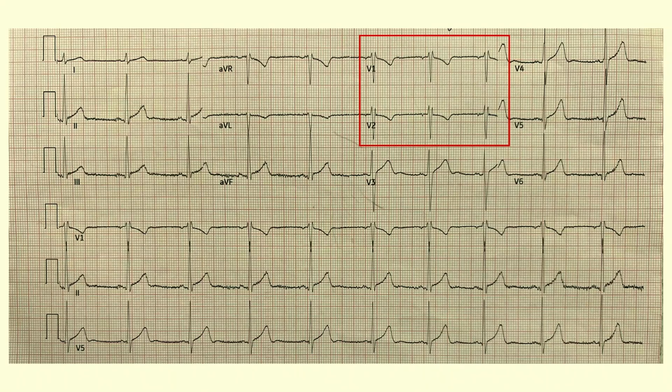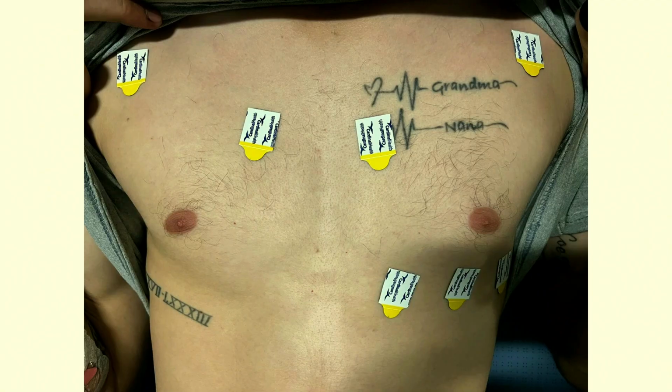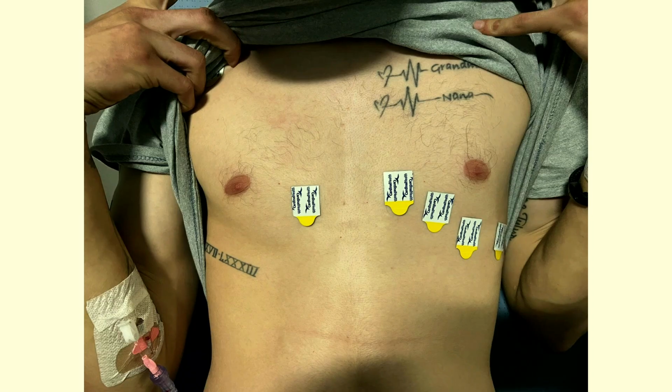So I went to go see this guy, and that's where his electrodes were. They were so high. And he had the ironic tattoo and everything. Just unbelievable. And so I said, well, I know how to fix this Brugada syndrome. I'm going to replace the electrodes where they're supposed to be. I probably put V1 a little bit too low in my zeal, but you get the point.